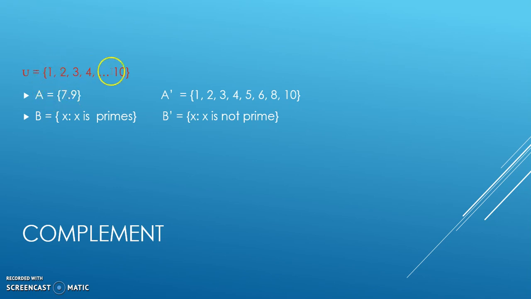So if we start out with the numbers 1 through 10, and by universal set, we're saying those are the numbers we're going to be talking about, then everything that's not in the set 7, 9 are 1 through 6, and then we do not list a 7, and then the 8, and then the 10. And so in set description, if we have primes, often we describe a complement with not. So the B prime is the not primes.